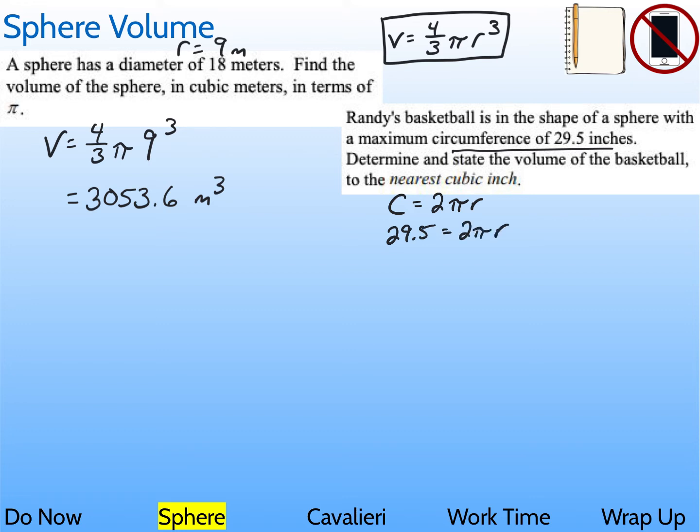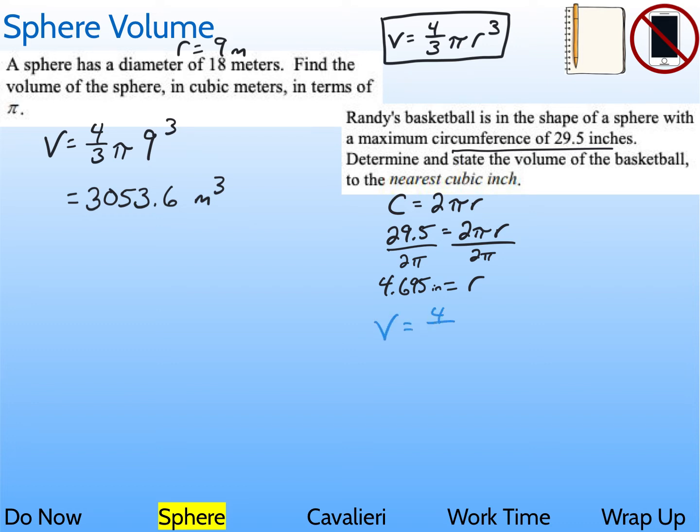So what we need to do is we just divide by 2 pi. And that will get us a radius of 4.695 inches. And then all we have to do now is to find the volume.